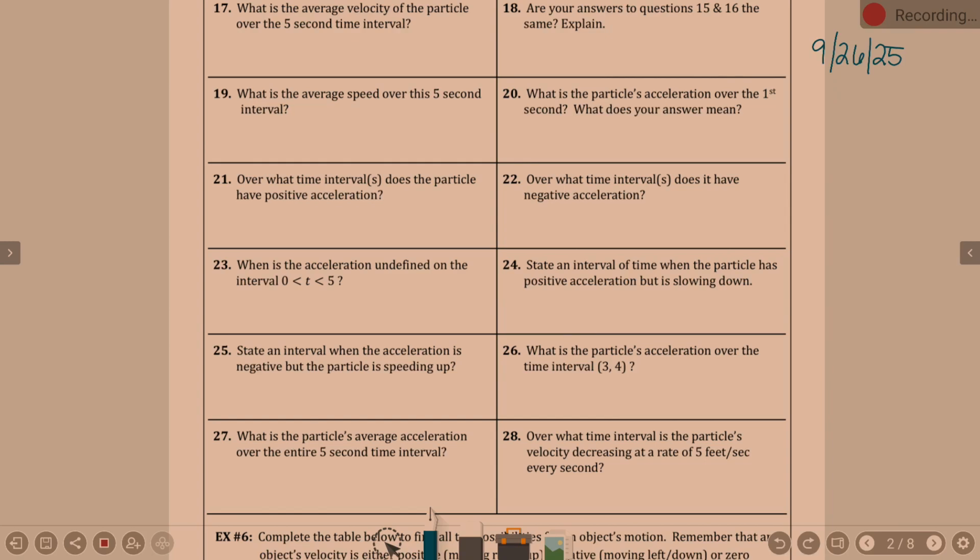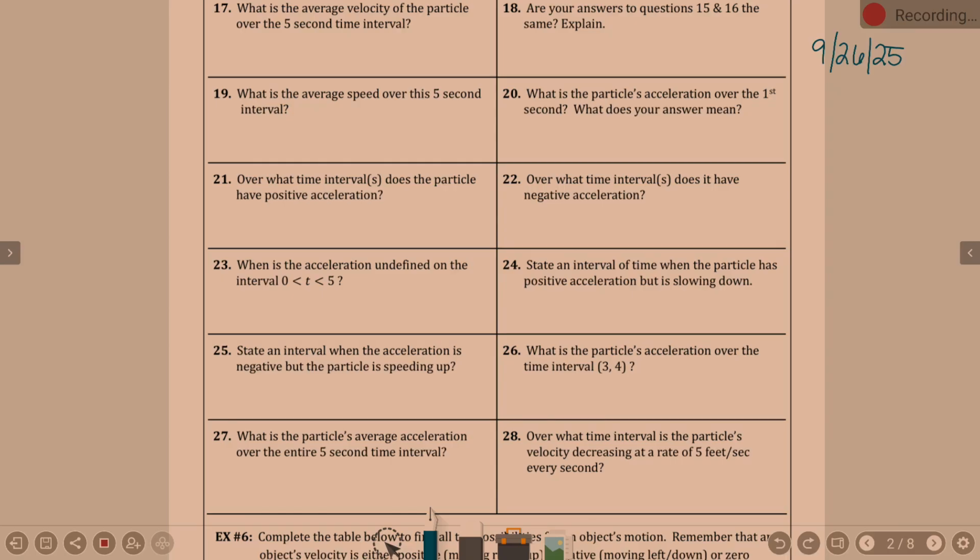Thoughts of how we would find average velocity? I don't know if you can add the four slopes together and divide it by 4.